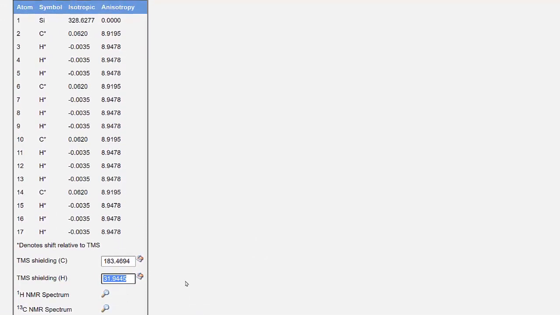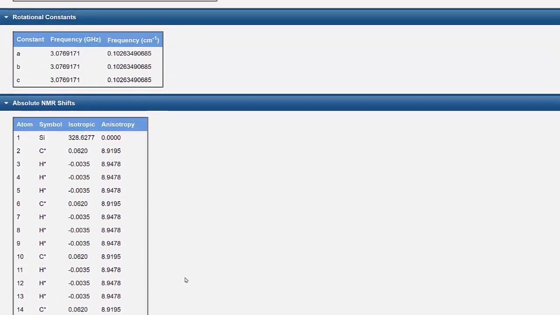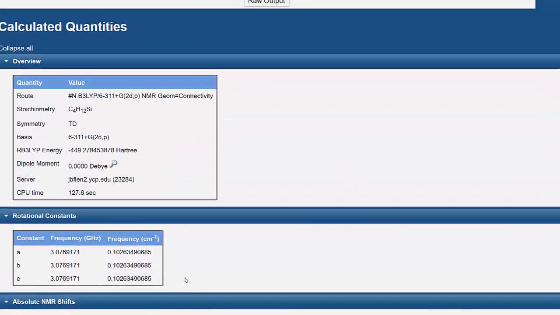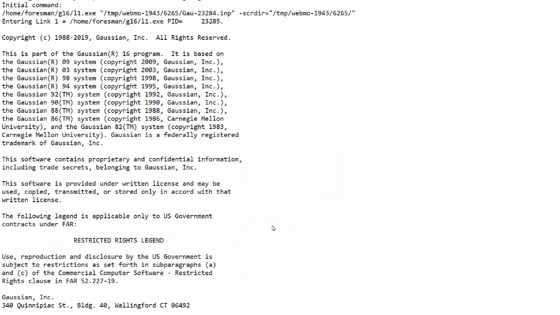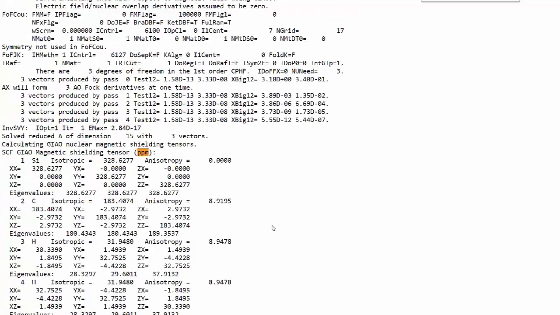If you actually look at the raw output from Gaussian, here I want to click on this. You can search for the NMR information by looking for ppm. There's only one place in the file that has ppm as units, and that's for the NMR output.